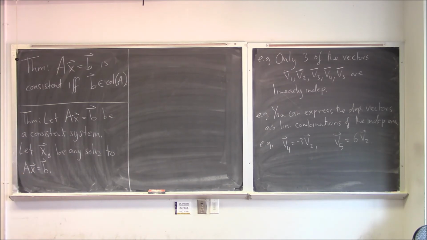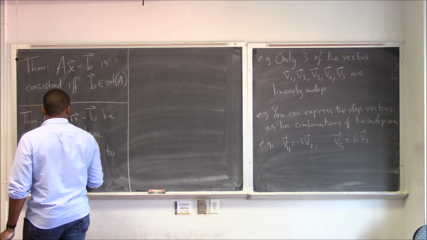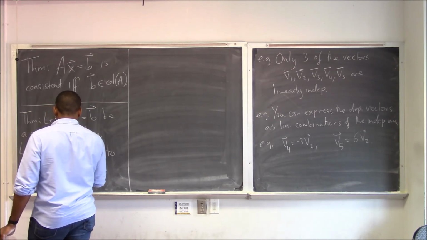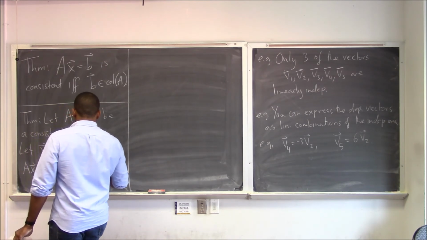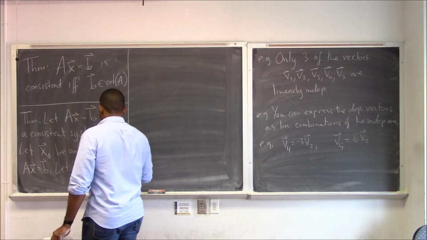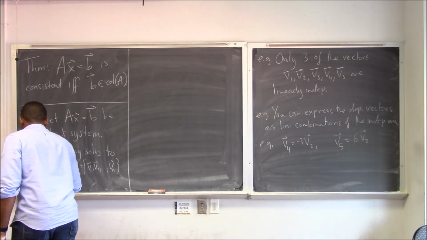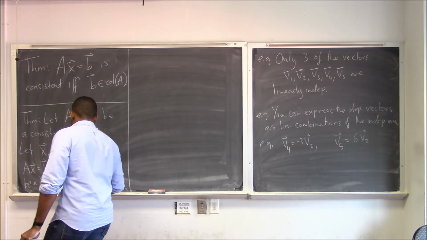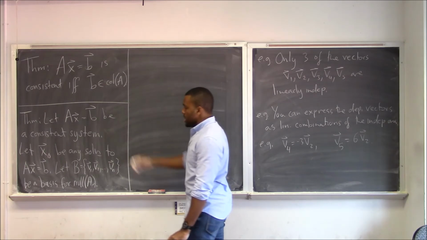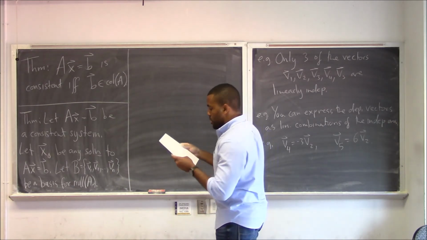Pick a random one. Let V1, V2, through Vn be a basis for the null space. So I have a consistent system, give me any random solution, and find a basis for the null space, and here's what we will be able to say.